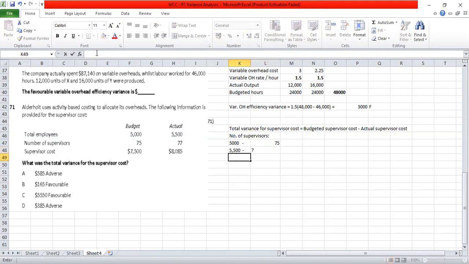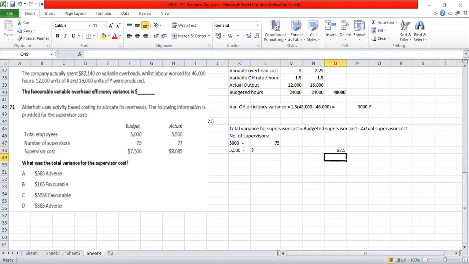So 82.5 supervisors are needed, and the cost of 82.5 supervisors.